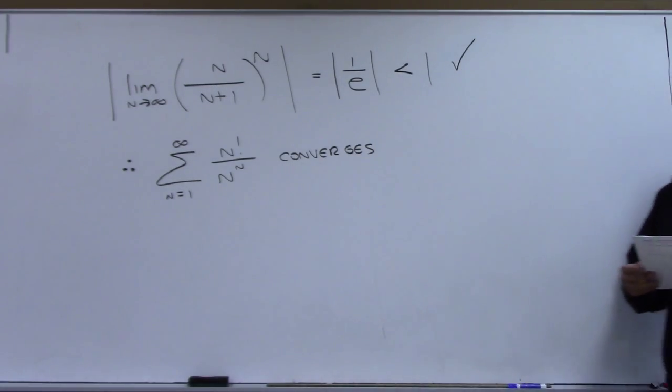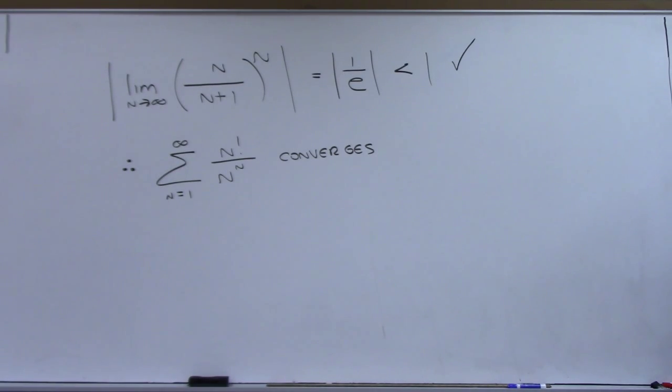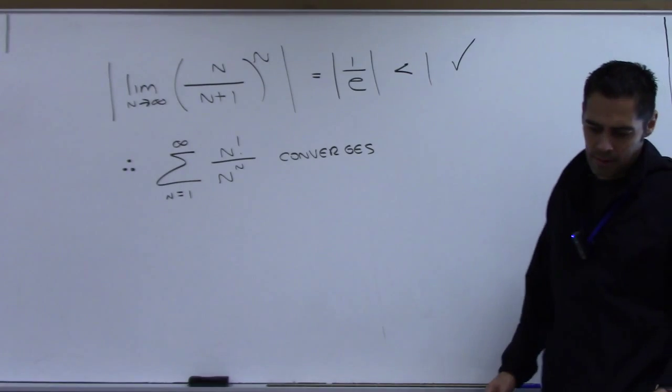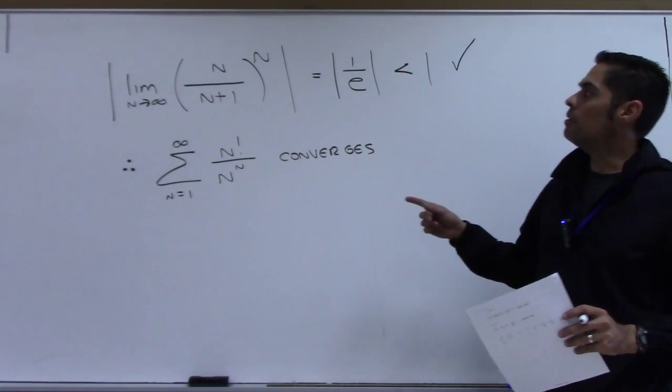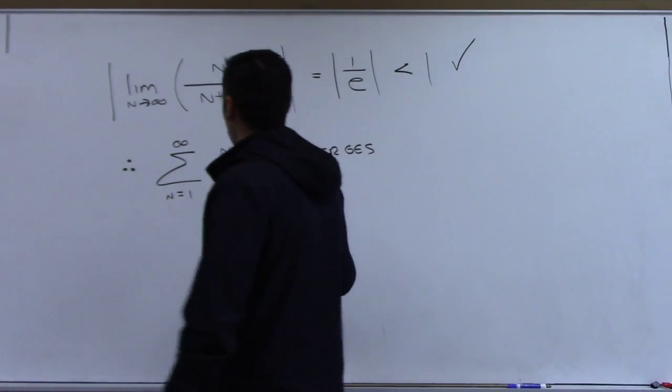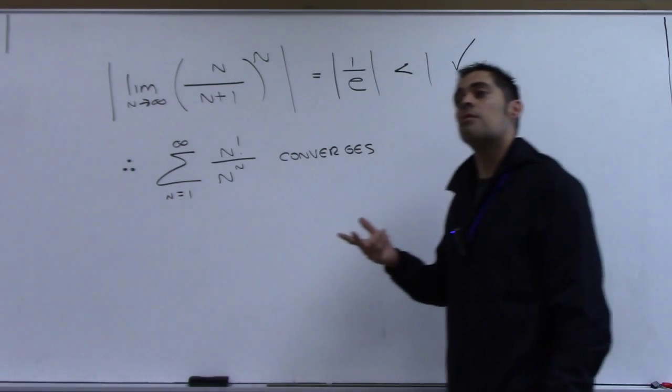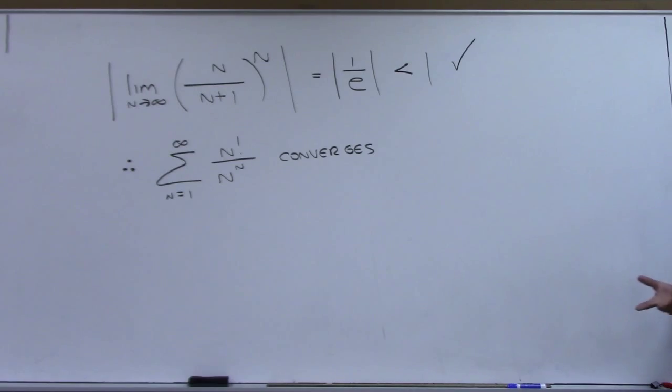That's a pretty tough first example for the ratio test. You don't have to say absolutely converges, because it wasn't an alternating series. If it were alternating, then we would start talking about that.